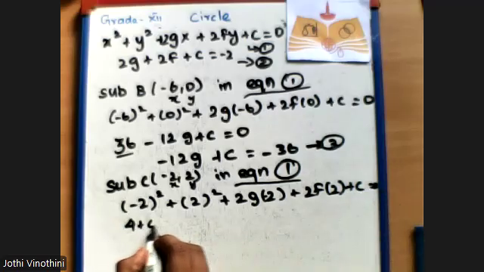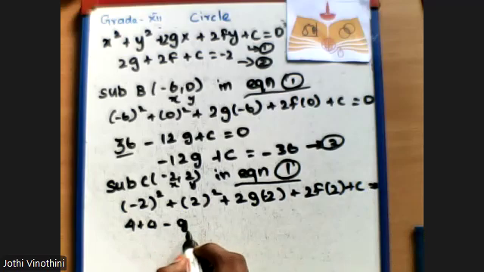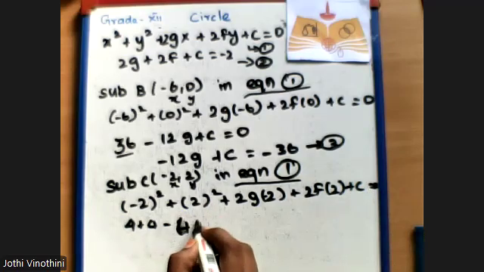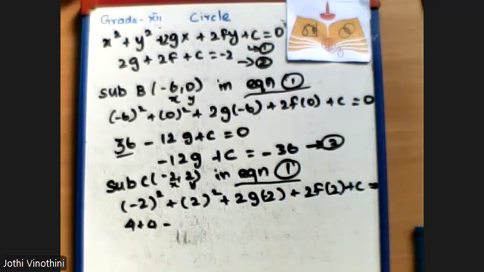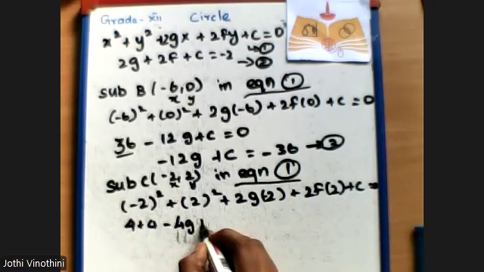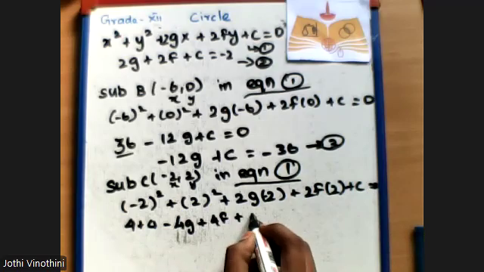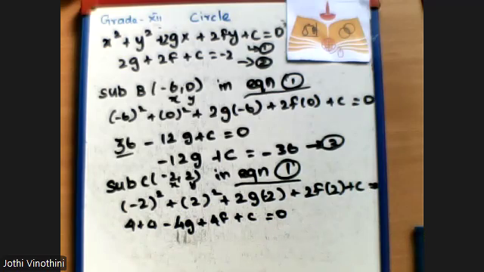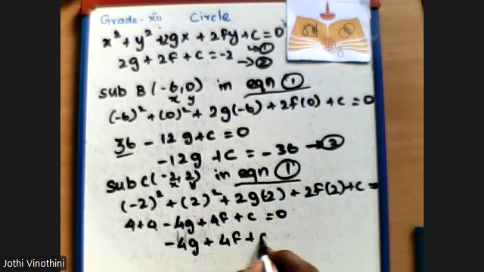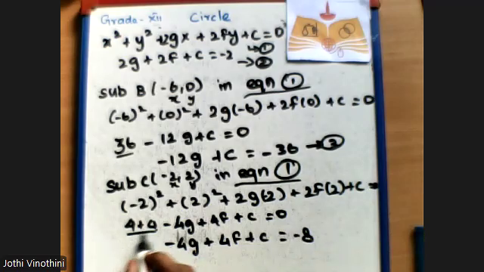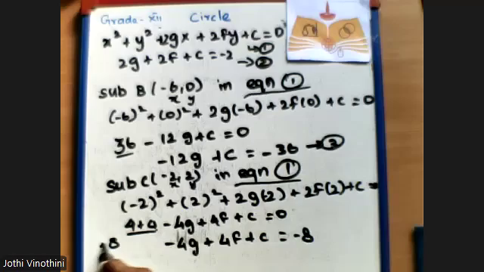So 4 plus 4 minus 4g plus 4f plus c equals 0. 4 plus 4 is 8, a positive 8. When we take this to the other side, it becomes minus 8. So minus 4g plus 4f plus c equals minus 8.